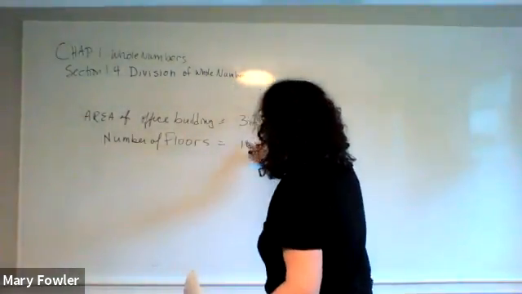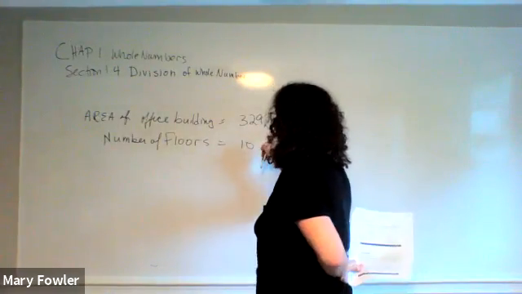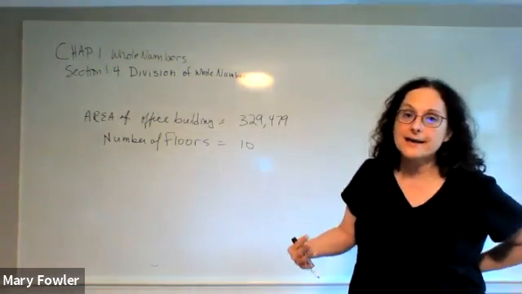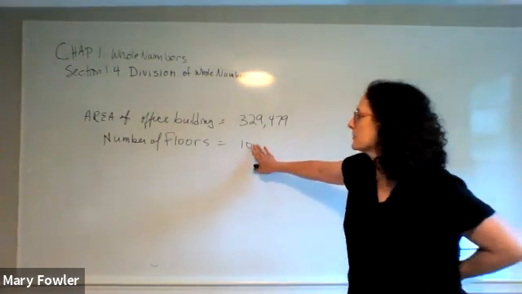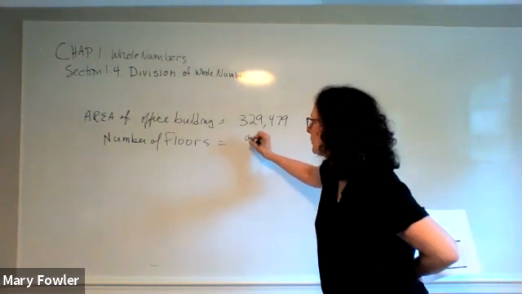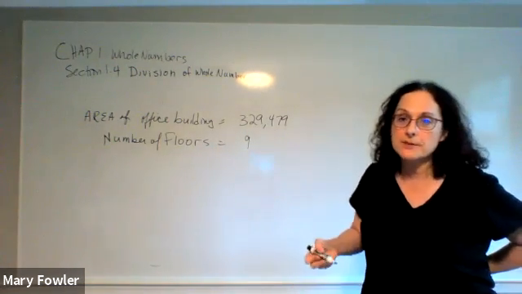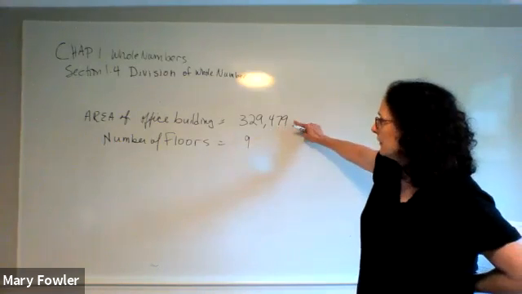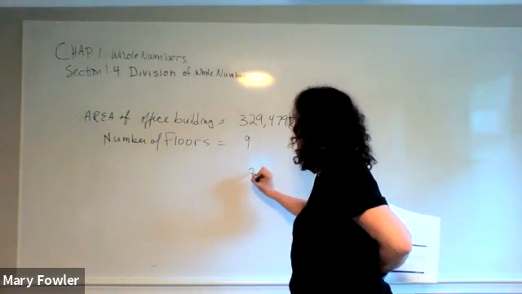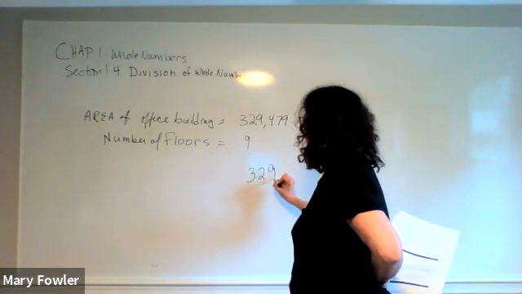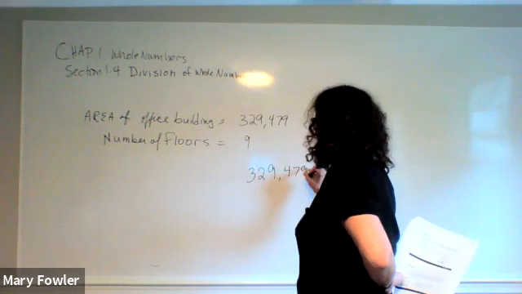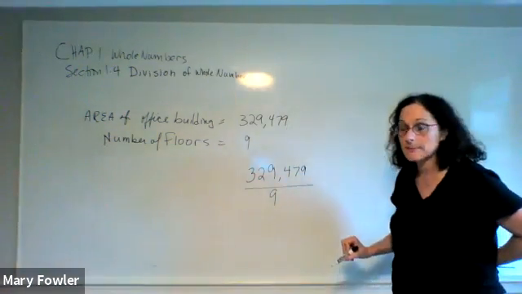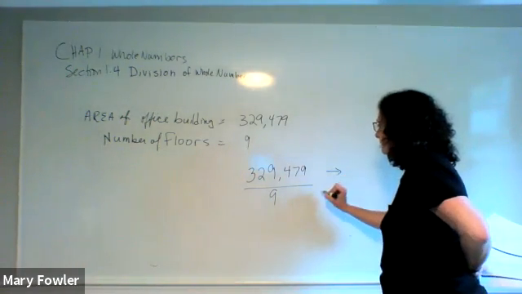We have this much area on 9 floors, so the actual problem asks us, if we were going to find area per floor, to divide 329,479 divided by 9. That's the exact problem, but I'm going to estimate, right?